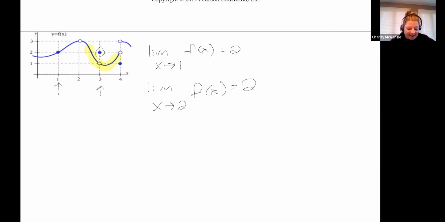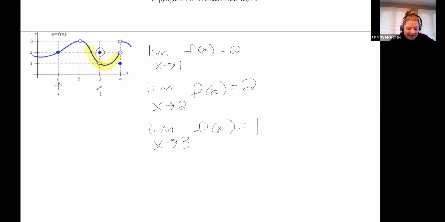We can still see both sides are headed to 1, even though the value of the function isn't at 1. So it wouldn't be continuous, it doesn't keep going, but the limit would still be 1. We would write that as the limit as x approaches 3 of this function is 1.